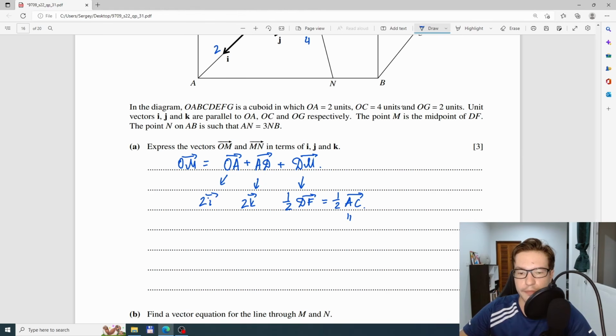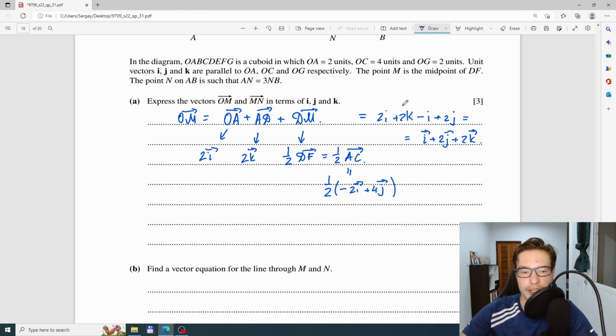It is going to be minus 2i plus 4j. Now, all I have to do is put everything back together. So I get 2i plus 2k minus, expand the brackets, minus i plus 2j. And altogether, that's going to be i plus 2j plus 2k.